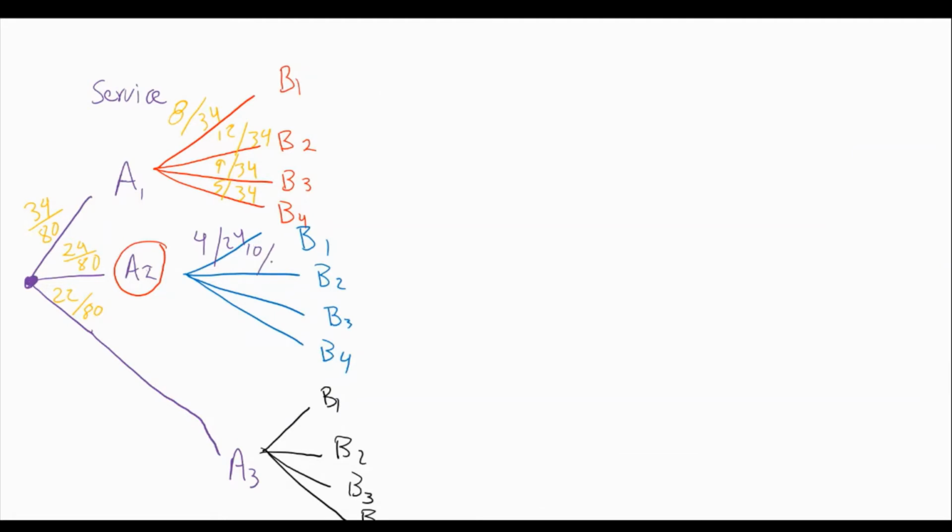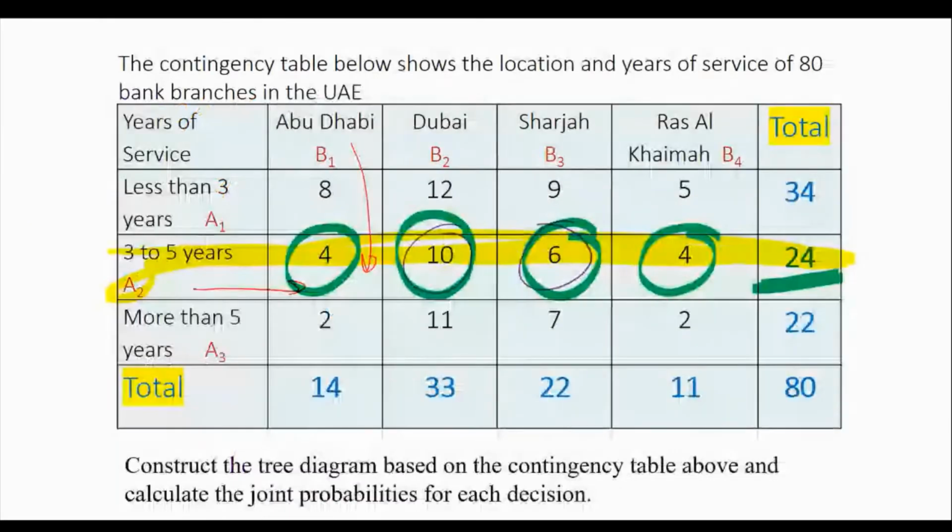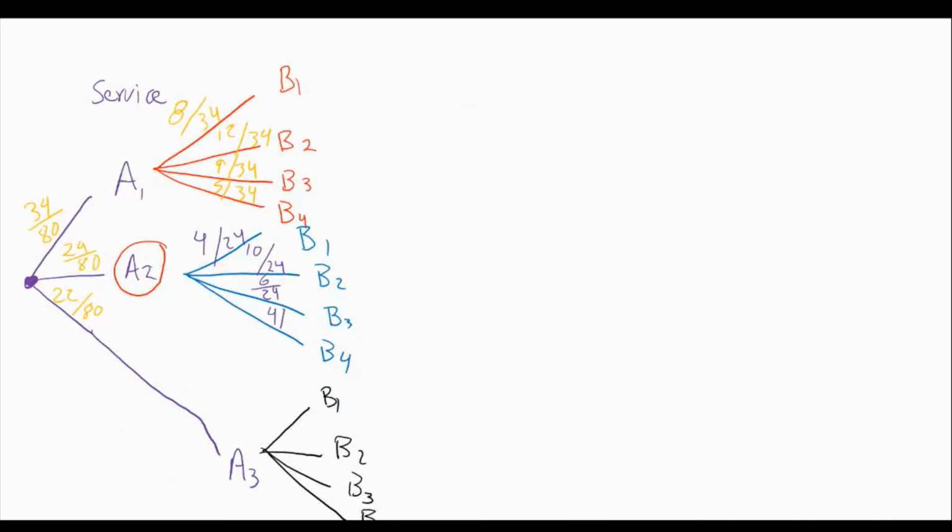This is 10 divided by 24. The next one is 6. 6 divided by 24. And the last one is 4. 4 divided by 24. So, again, if you add 4 plus 10, that's 14. Plus 6, that's 20. Plus 4 is 24. So 24 divided by 24 equals to 1.